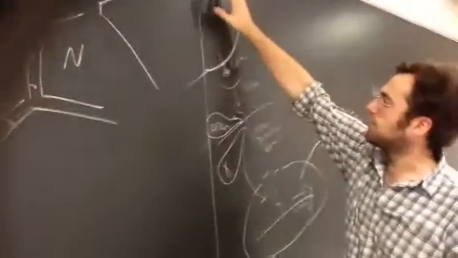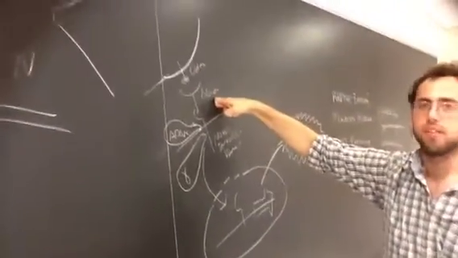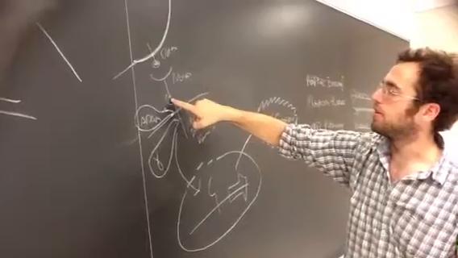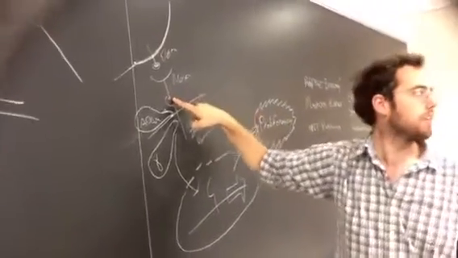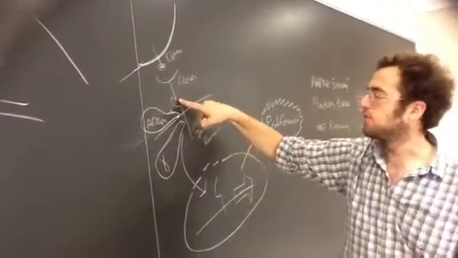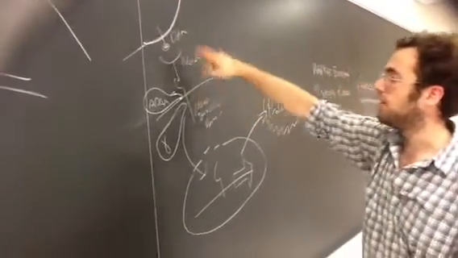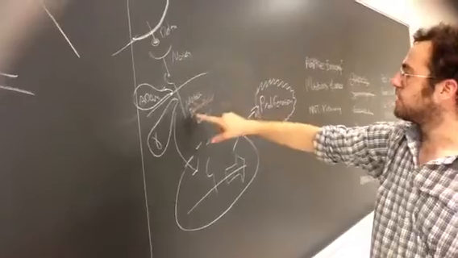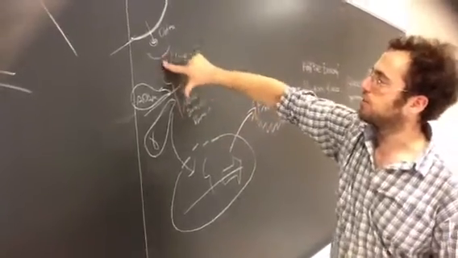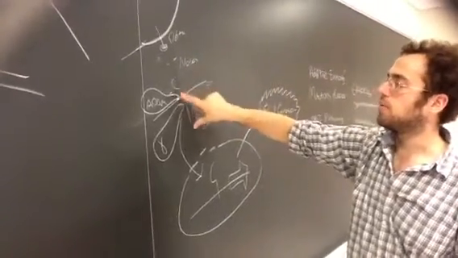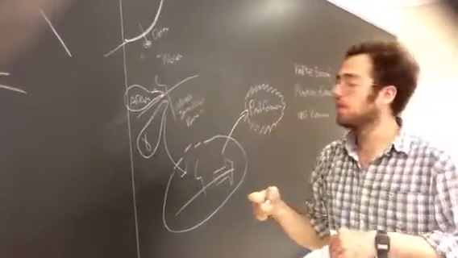Delta endocytoses the outside of Notch. So this region gets literally pulled off, and it leaves this hook here, which makes it susceptible to being cleaved by proteases.